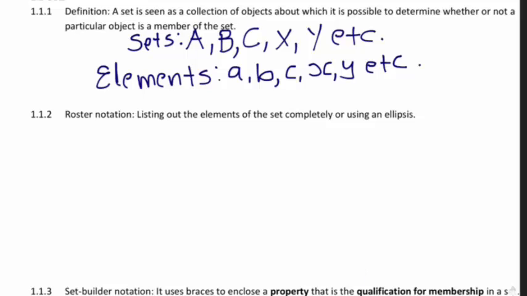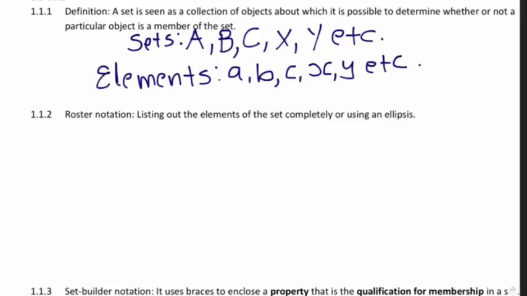So elements or members of a set are usually denoted by lowercase letters a, b, c, x, y, and so on and so forth. There are two major representations of sets: the roster notation and the set builder notation.